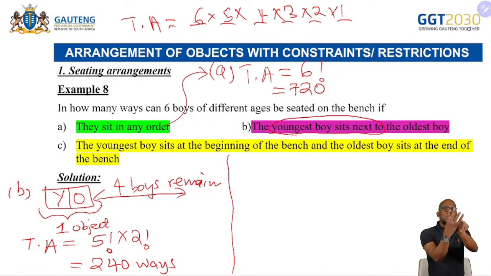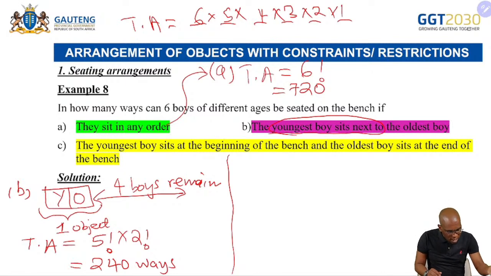You can interchange the position of these 2 as a group together with the 4, which means you now have 5 objects to arrange, which can be done in 5 factorial ways. But within them, if this is the youngest and this is the oldest, they can also interchange positions, which can be done in 2 factorial ways.